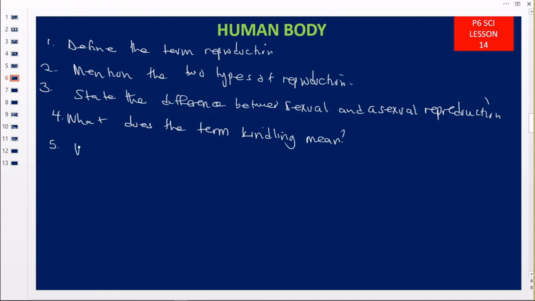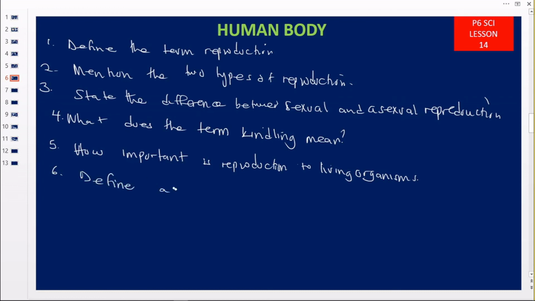Number 5, how important is reproduction to living organisms? Number 6, define a gamete. Number 7, state 2 advantages of asexual reproduction.